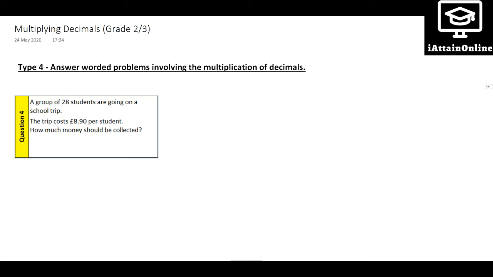So there are 28 students going on a school trip, and the trip costs £8.90 for each student. So the price of one student is £8.90, but there are 28 students going.